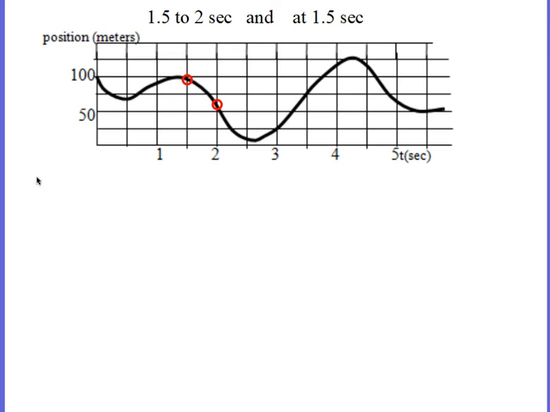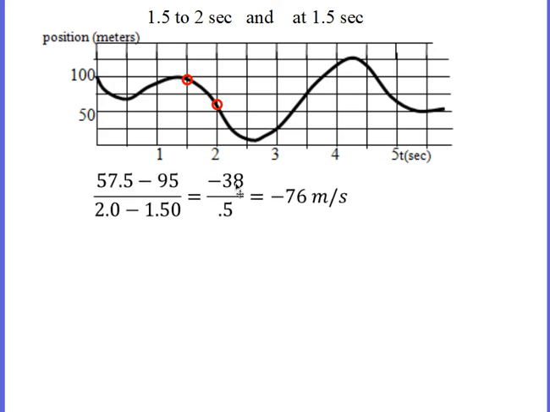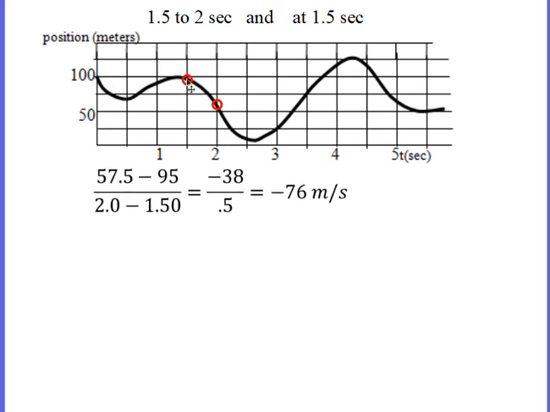And so what I'm going to do is to take the change in position divided by the change in time. Note that I decided that that was 8/10 of the way up there. 8/10 of 25 is 20, so 75 plus 20 is 95 is the initial, and the final was, I decided that was 3/10 of the way. 3/10 of 25 is 7.5 plus 50 makes 57.5.